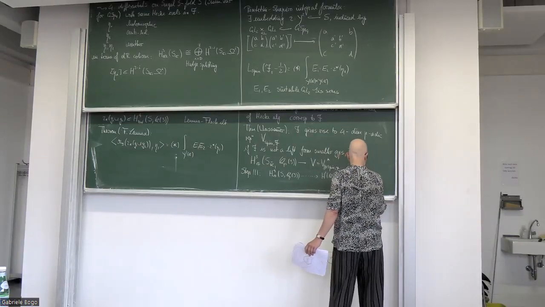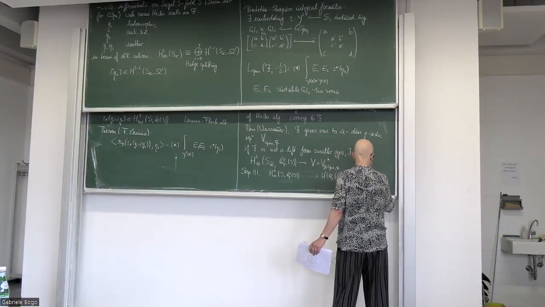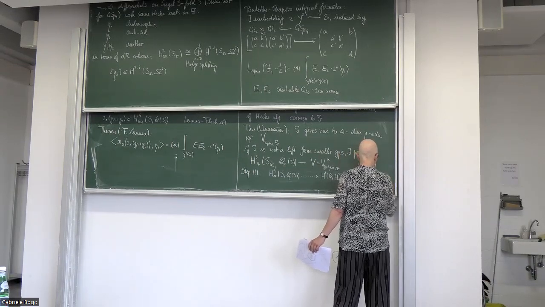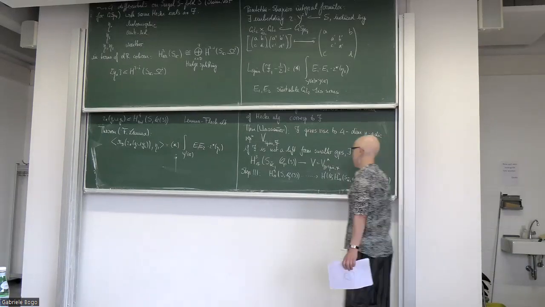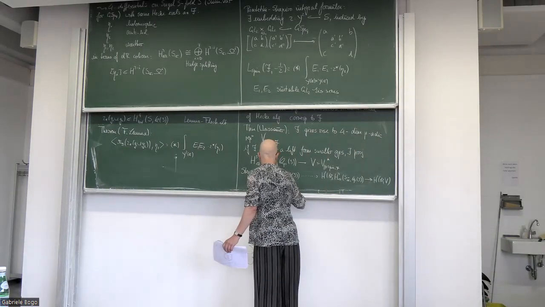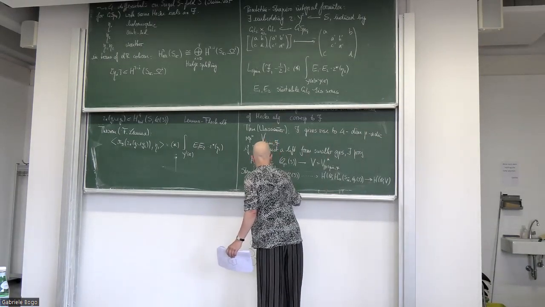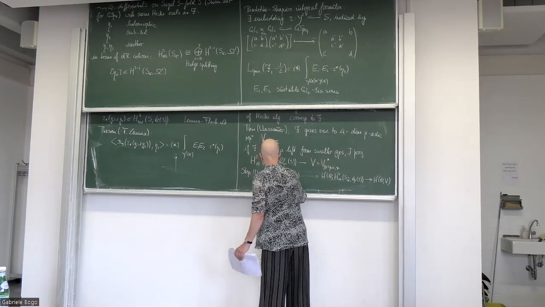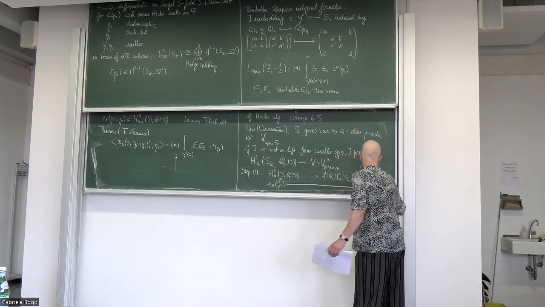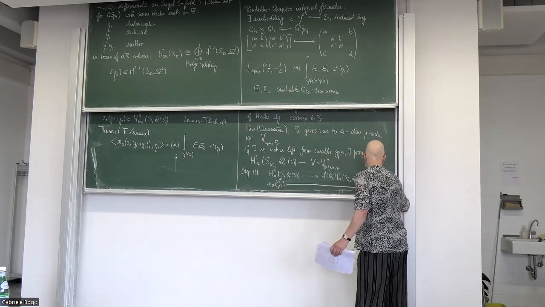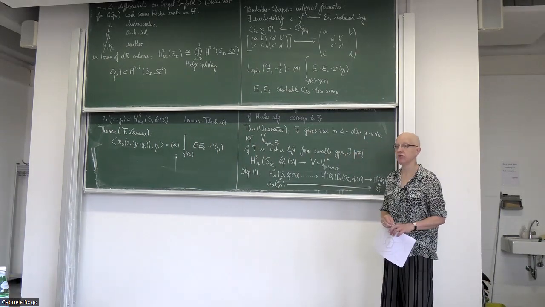I'm running out of space. This then maps via this projection into the Galois cohomology of V. So here we have the image under the étale regulator of our class Z1, and we get a class here in the Galois cohomology of V.